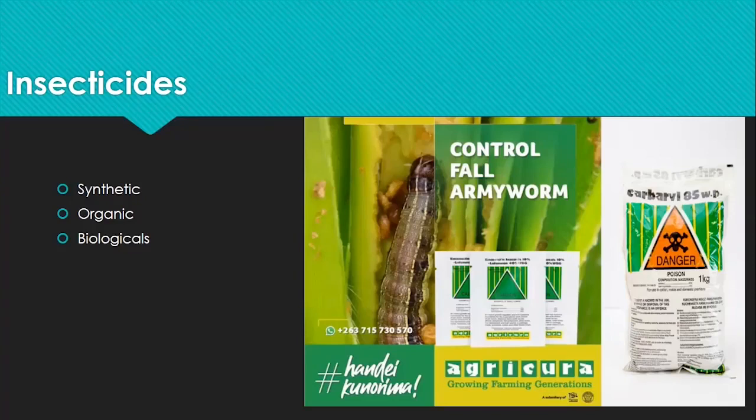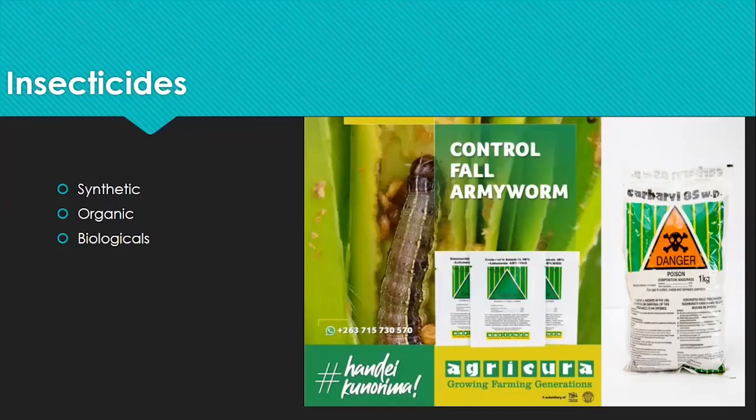We actually have more than one, but one of the most common is the emamectin benzoate plus lufenuron. It's a combination of two novel active ingredients, both working in different modes of action to hammer the fall armyworm. And do you know what I like about this product? It's not even that expensive.